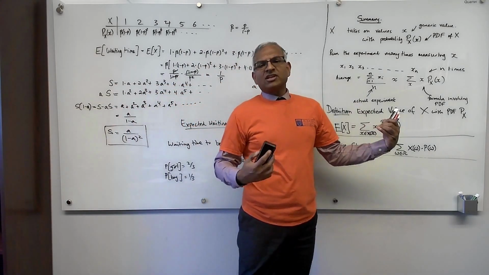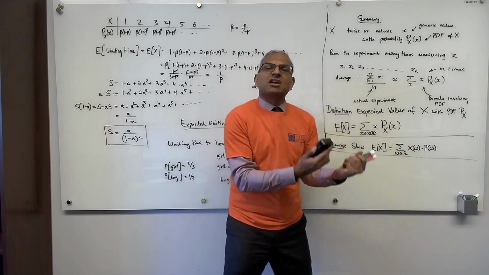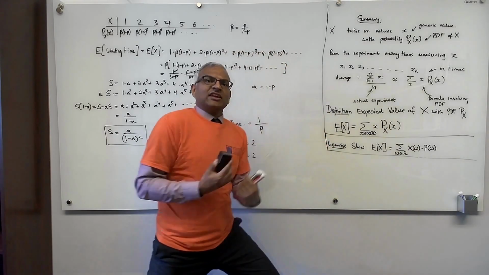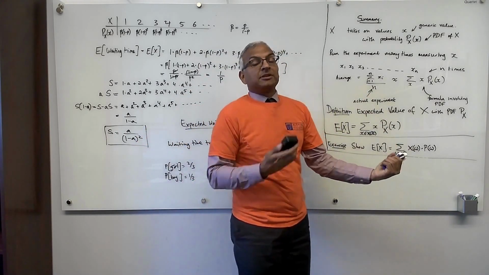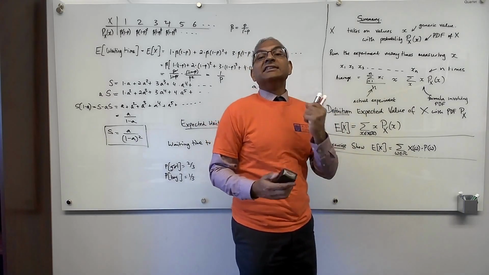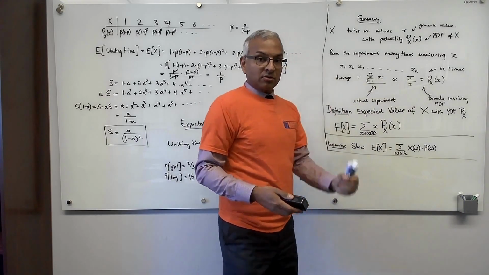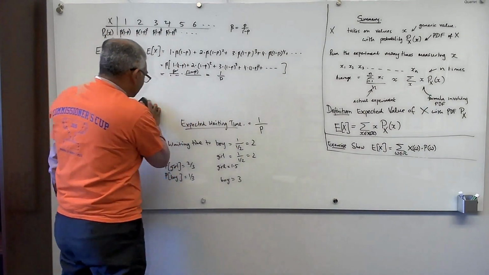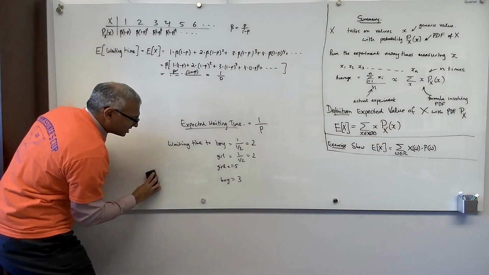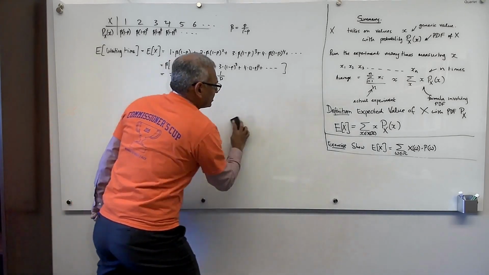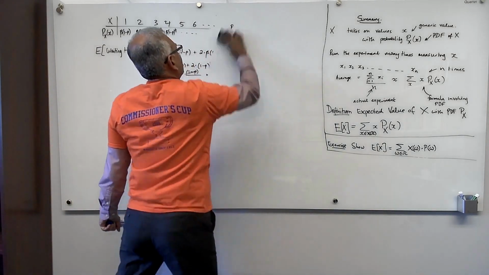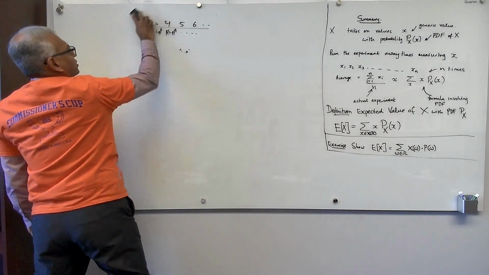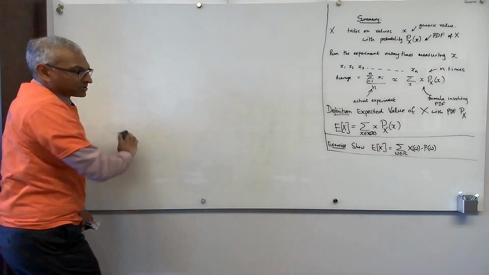It's the same with expected values, because an expected value is just a summary of the experiment. So if I give you new information, you're going to update your expected value. We call that conditional expectation. We'll start with an example, and then we'll define it, and then that'll lead us to the law of total expectation, just like the law of total probability. And I'll show you a nice application of the law of total probability to waiting times.